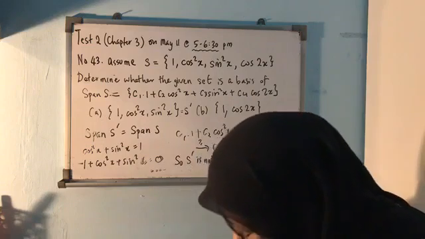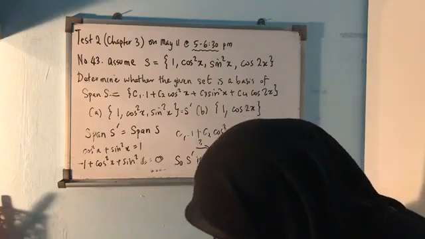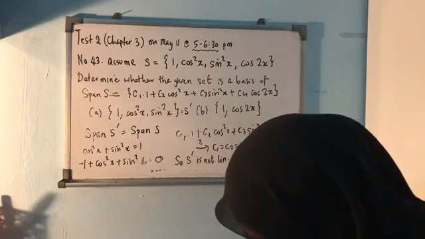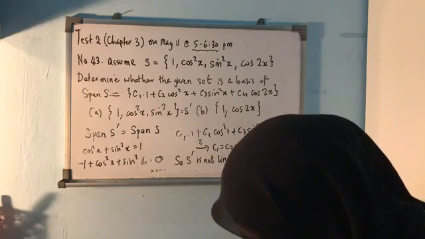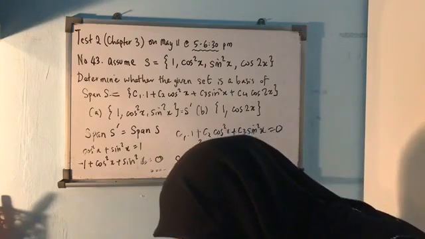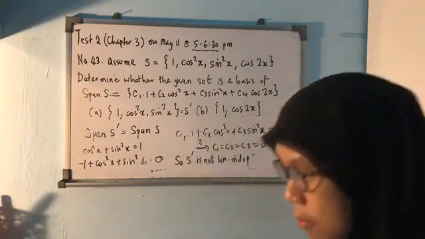Okay, some of the answers are typos. Let me know kalau yang ada silap tu. It is not a basis because it is not linearly independent. Siapa yang bertanya tadi?